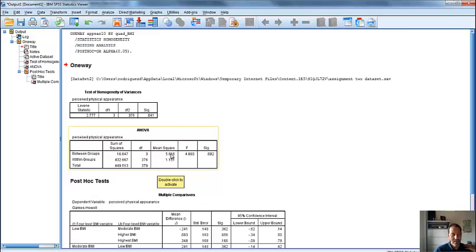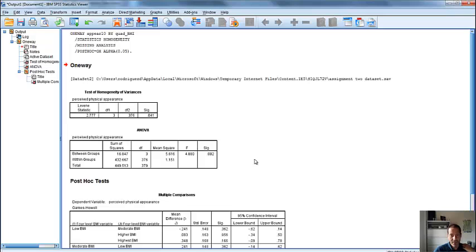Remember, between and within, this terminology is the same terminology as model and residual, right? So you can use any of these terms, but you should be familiar with all of them. And the F-test is the ratio between the between groups mean squares and the within group mean squares. And you can see that this probability value is 0.002, which is much less than 0.05.